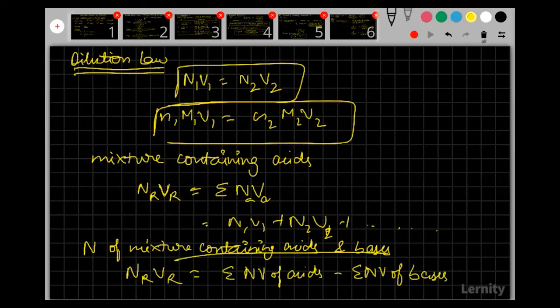One more point to keep in mind is that it need not always be the summation of NV of acids minus the summation of NV of bases. It can also be the summation of NV of bases minus the summation of NV of acids. It depends on whichever number is greater, which comes first, because we have to make sure it does not give a negative value. But remember, acids and bases won't add up. You have to subtract.